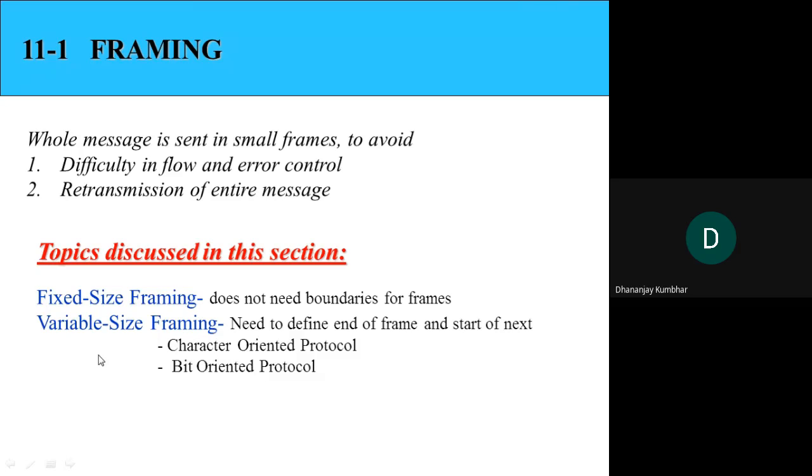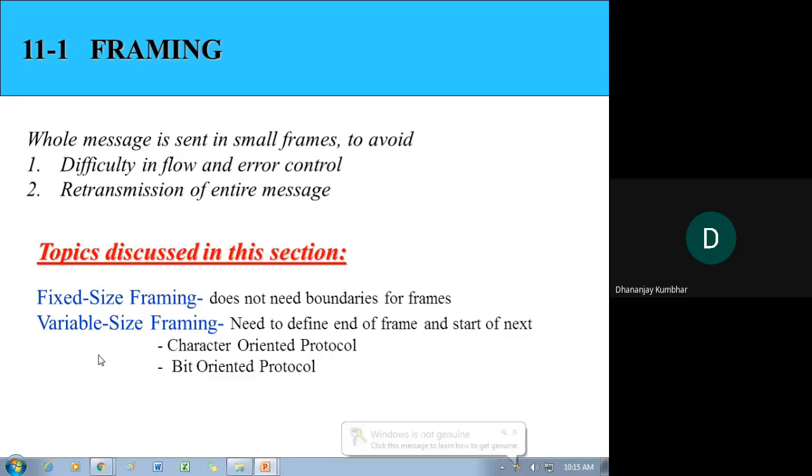If we send bulk data in one frame, and assume that any error occurs in that big frame, the problem is that what we do inside a computer communication network is, if an error is detected, our main focus is on resending the same frame again, instead of correcting that particular error.